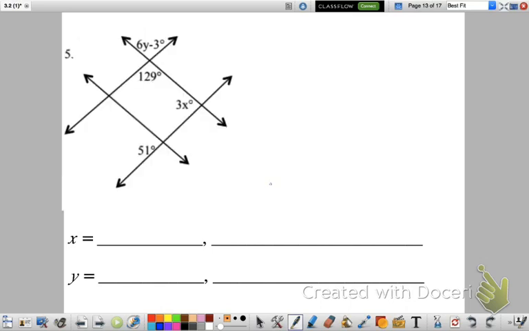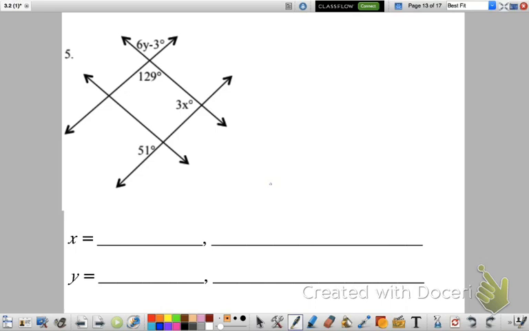As you work these out, I want you to find the measure of the angles and the theorem that you are using to solve, or the reason that you were able to find that value. Once you have that information, go back to the Google Classroom, and in the classwork tab, I have a quiz kind of set up for you. That way you can enter what you get for the measure of the angles and your reason.